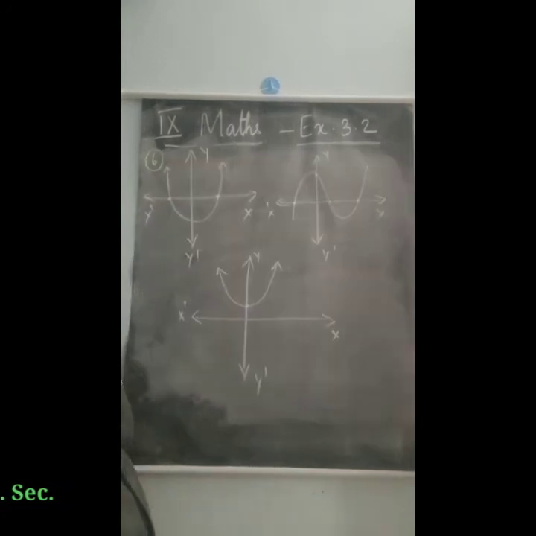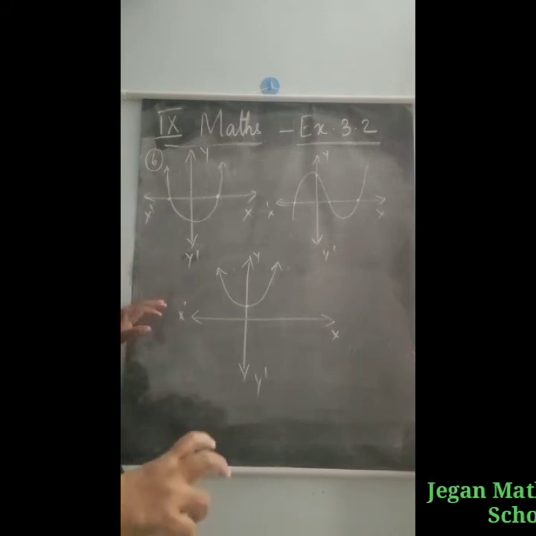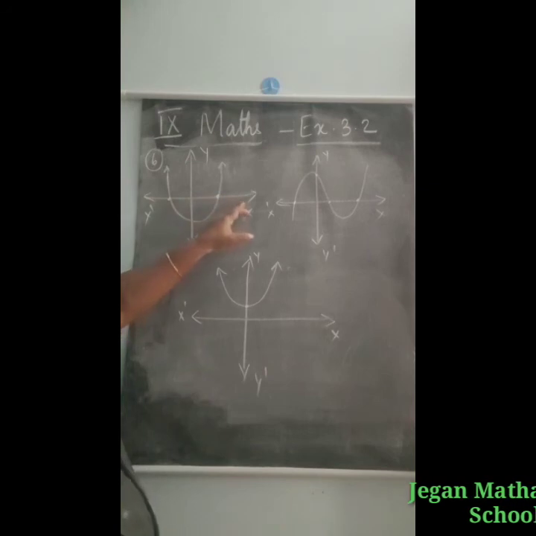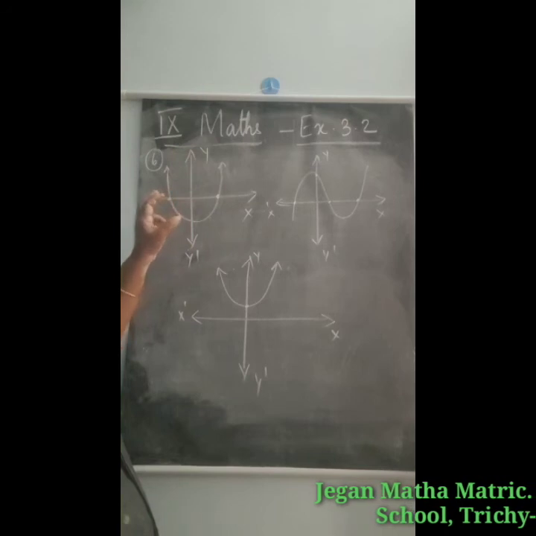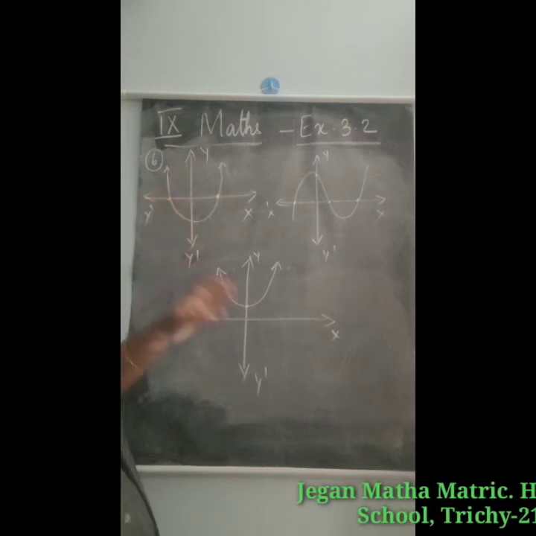The next question: find the number of zeros of the following polynomials represented by their graphs. Look at the graph and see the x-axis. This horizontal line is the x-axis and the vertical line is the y-axis. Find the number of zeros on the x-axis.